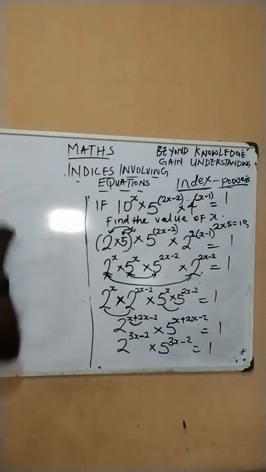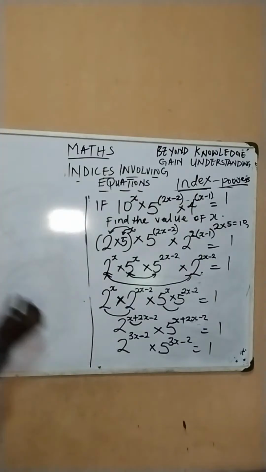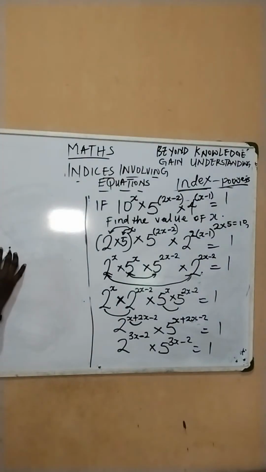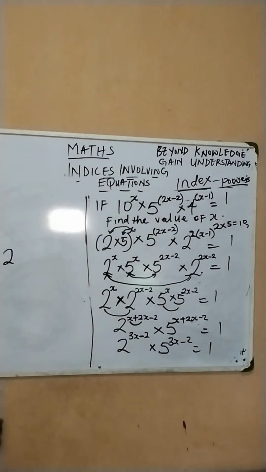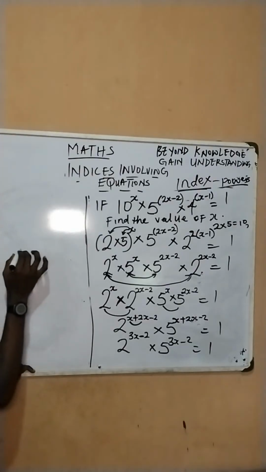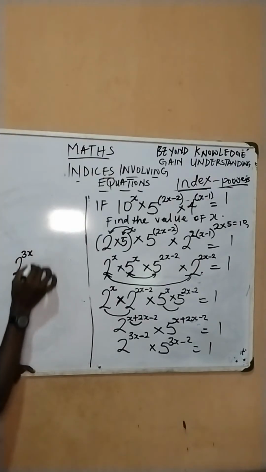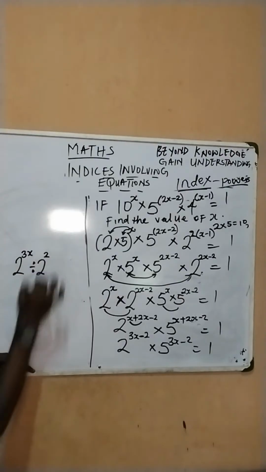I can reverse engineer this particular statement to become 2 raised to the power of 3x divided by 2 raised to the power of 2.